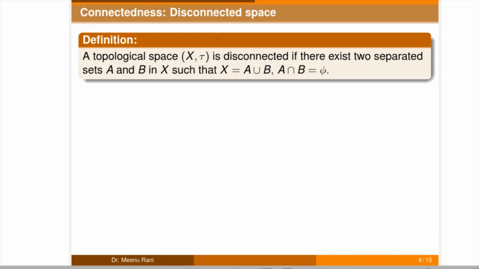So now further we define the disconnected space. A topological space X is disconnected if there exist two separated sets in X such that X can be written as union of these two separated sets.